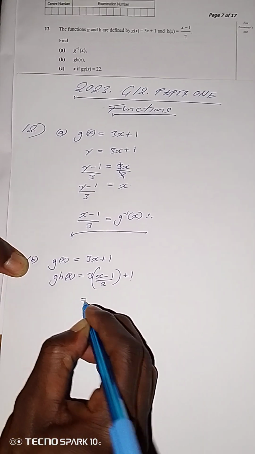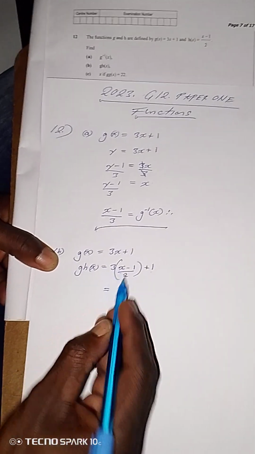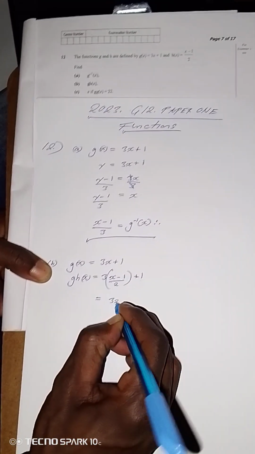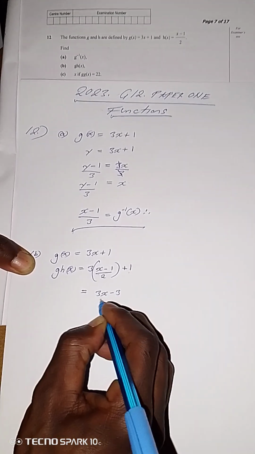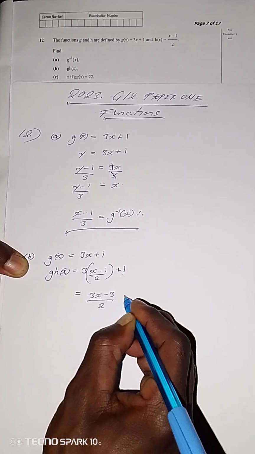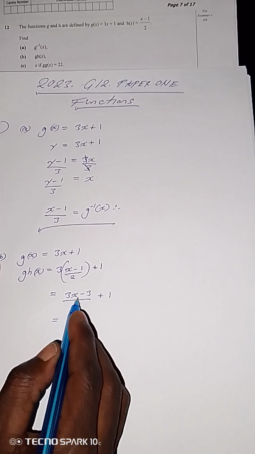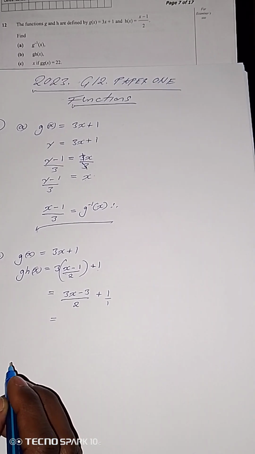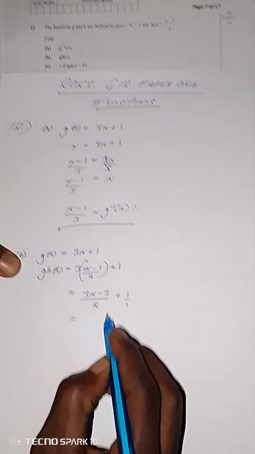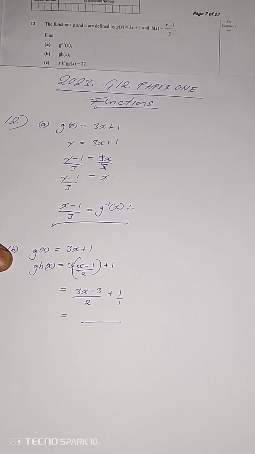And then you start now multiplying. 3 times x, it's 3x. 3 times negative 1, it's negative 3 over 2 plus 1. So here we have a fraction, here we have a whole number, so you put a 1 to balance the fraction. You first look for a lowest common denominator.